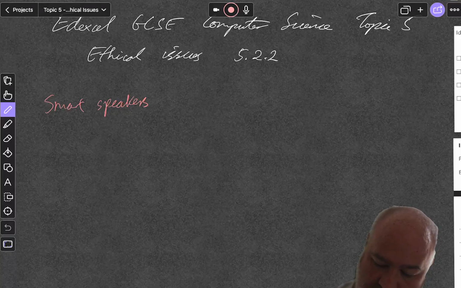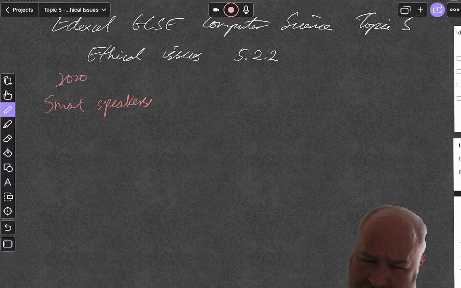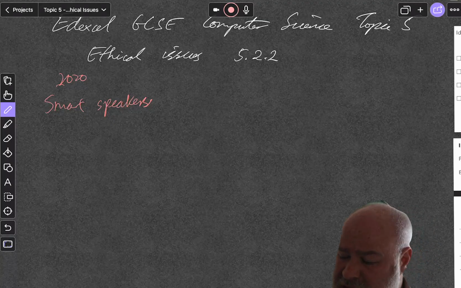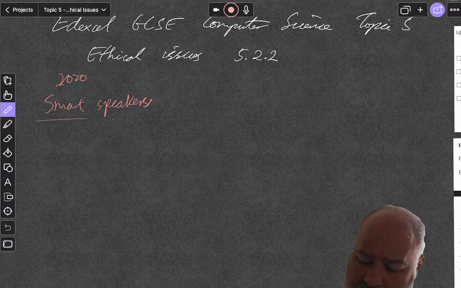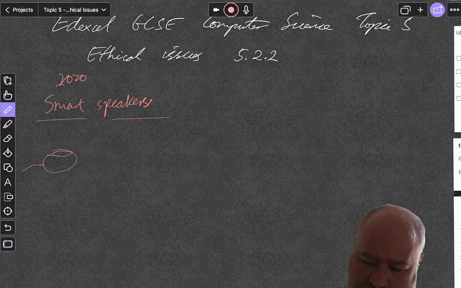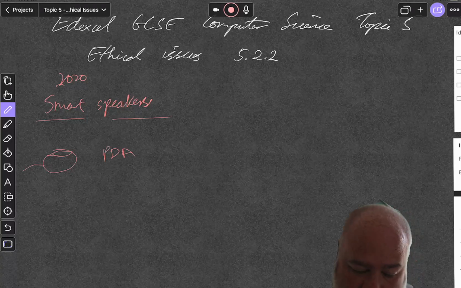Remember the specification here is 2020, so I know things have come on quite a long way. This is not going to talk about ChatGPT or any of these services that have happened fairly recently. The scenario that will likely come up would be a smart speaker. So you've got your home pod or something like that, or Google Alexa, your Dot, whatever it is, or PDAs, personal digital assistants.